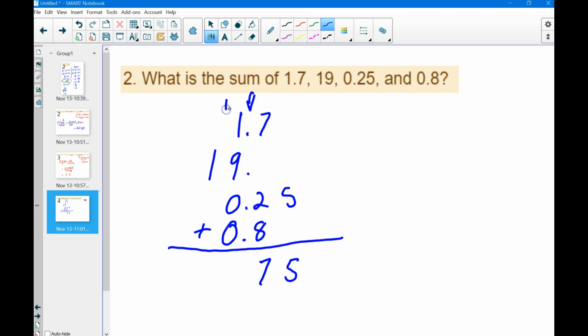I'm going to carry 1. 9 and 1 is 10, and 1 is 11. I'll put 1 down here and carry 1, which makes this a 2. Put my decimal straight down. I have 21.75. That's adding the decimals up. We're fine with that.